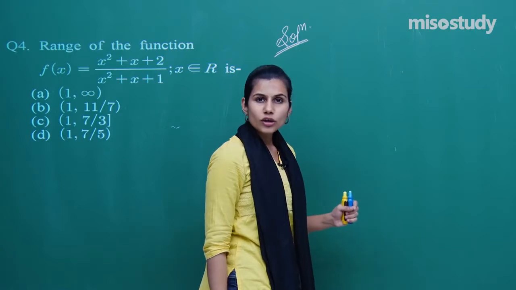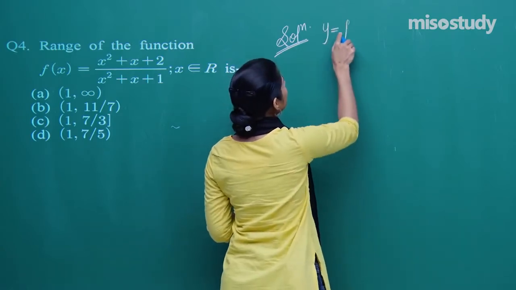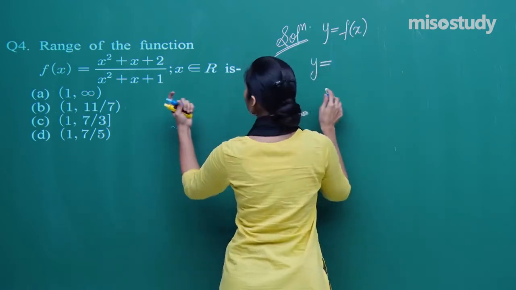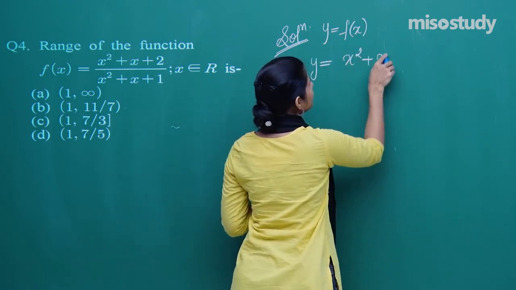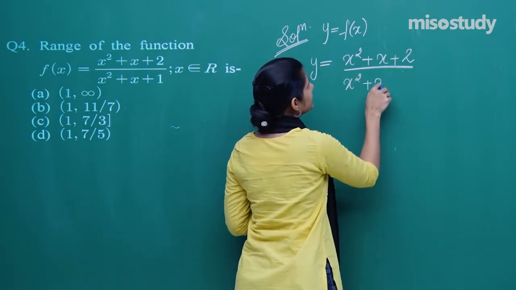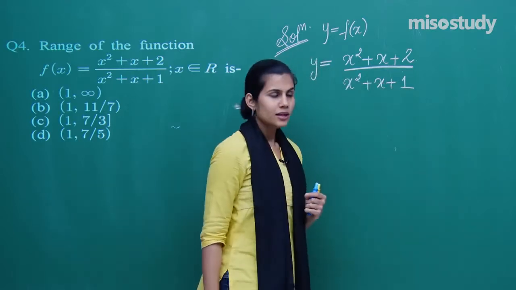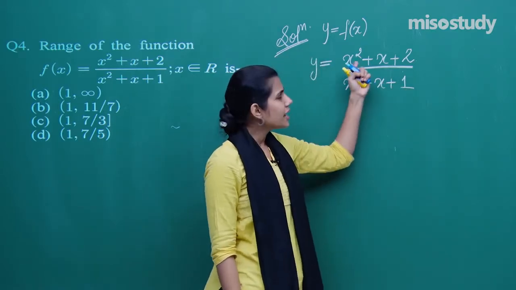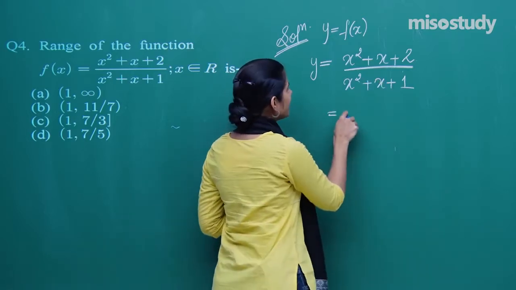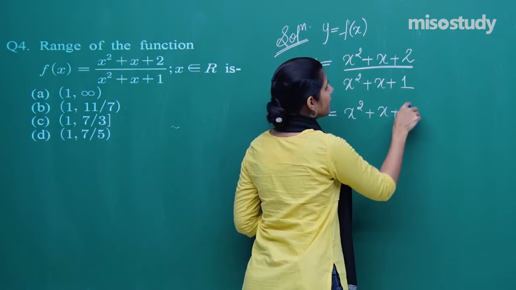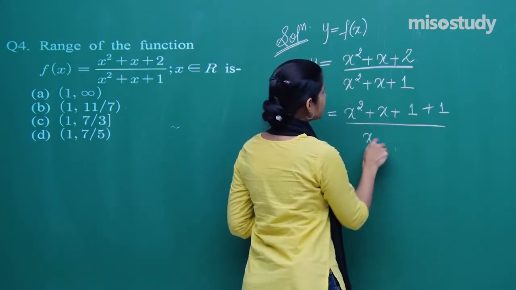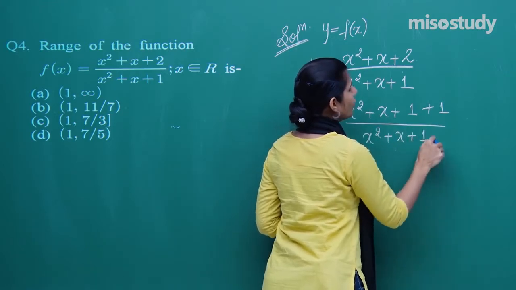The first step in the algorithm was equate y equals f(x). That means y is equal to (x square plus x plus 2) whole upon (x square plus x plus 1). Now very well you can see that somewhere above also x square plus x plus 1 can be made. That is, I can write it as (x square plus x plus 1 plus 1) whole upon (x square plus x plus 1).